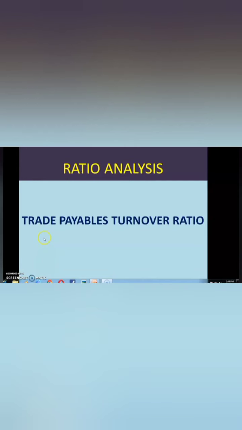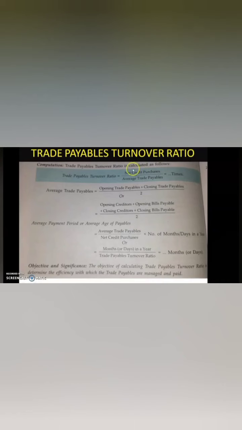Now a new ratio, the trade payables turnover ratio. The formula to calculate it is net credit purchases divided by average trade payables. To calculate average trade payables, the formula is opening trade payables plus closing trade payables divided by 2.